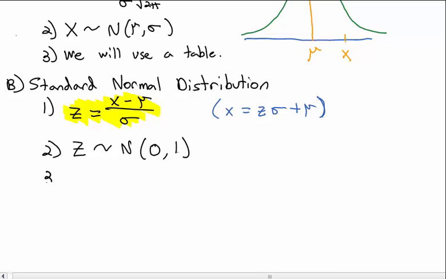So what we want to be good at, what we want to be comfortable with, is how to find area with the table. And you remember with continuous distribution functions and PDFs, probability density functions, area is the same as probability. So we're really finding probabilities with the table.